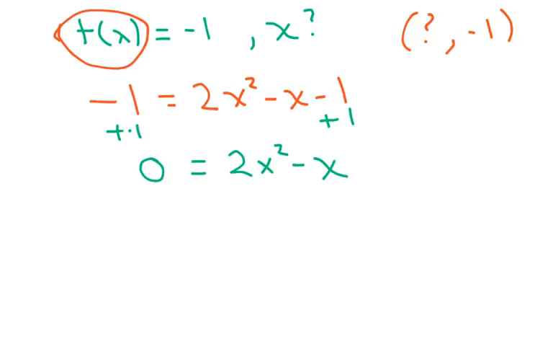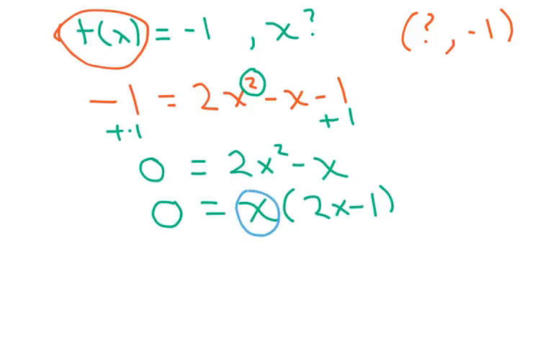Now, we're going to factor this. Anytime you have a square and you're trying to solve for x, think factor, which means pull out an x, and you get x times 2x minus 1. So we're going to take each piece and just set it to 0. So x equals 0. And then we're going to take this piece and set it to 0: 2x minus 1 equals 0.